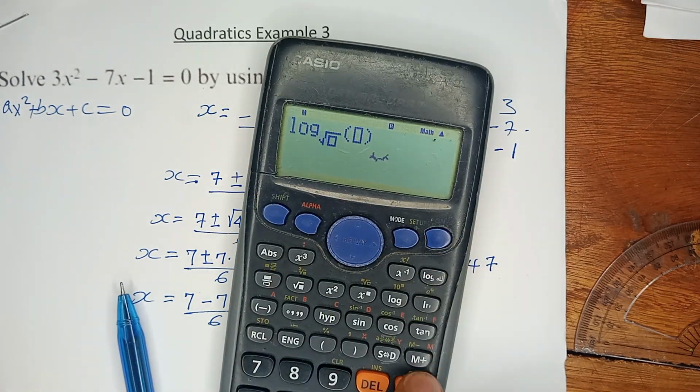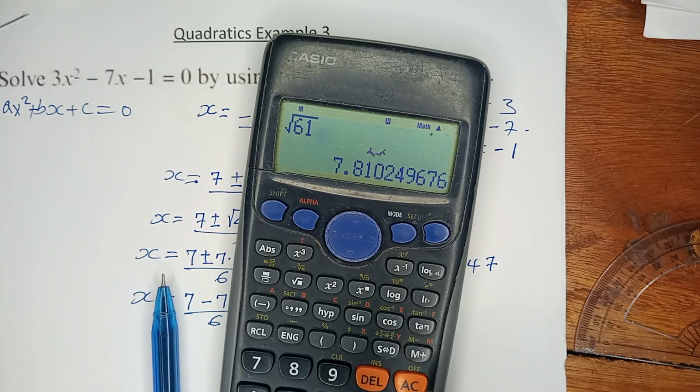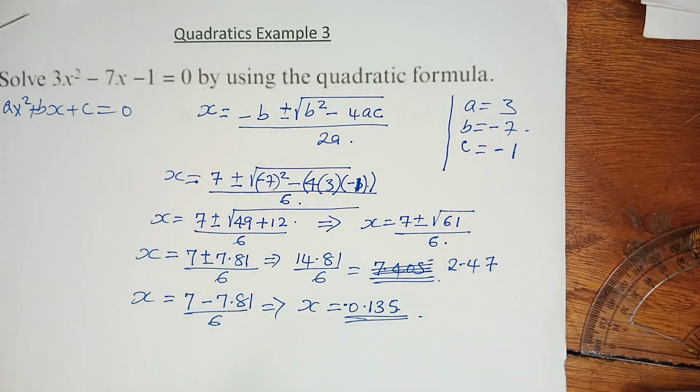Let's confirm that. The square root of 61 is 7.81 to 2 decimal places. There we go. Plus or minus 7.81, everything still over 6. And if we consider the positive part of the root, which is positive 7.81 plus 7, we get 14.81.